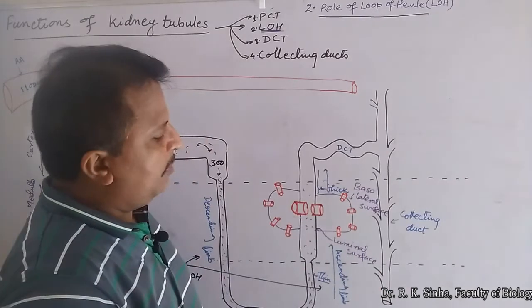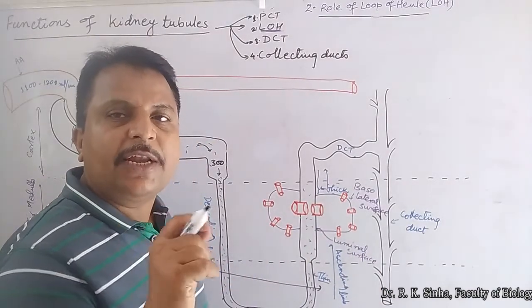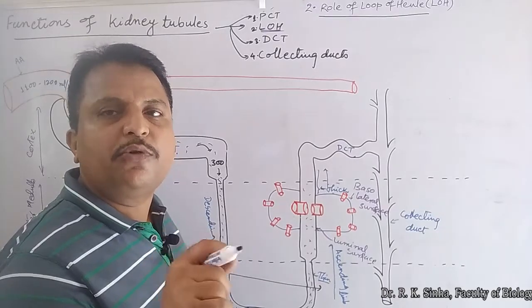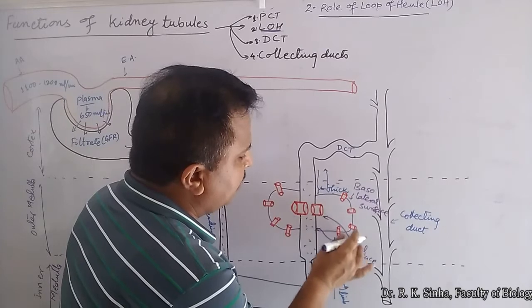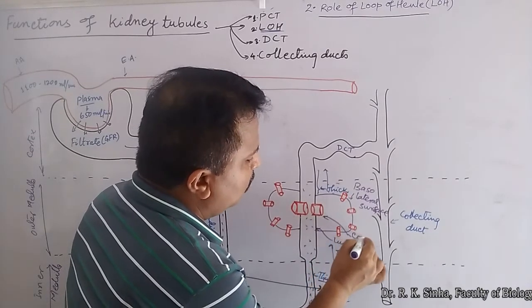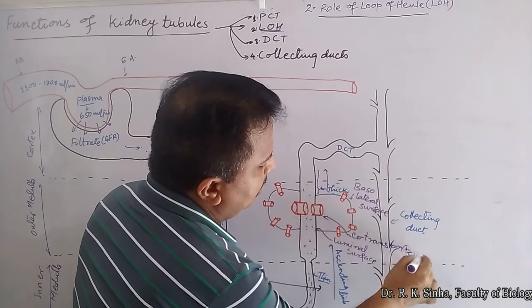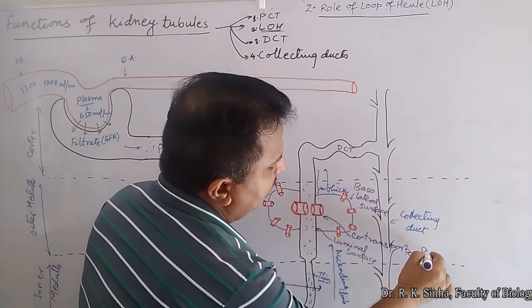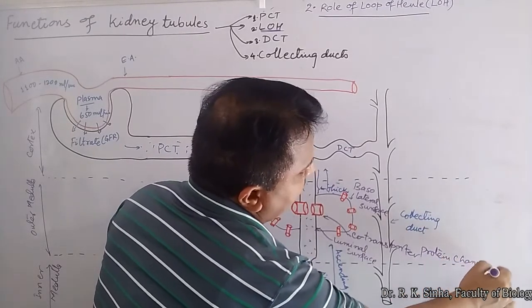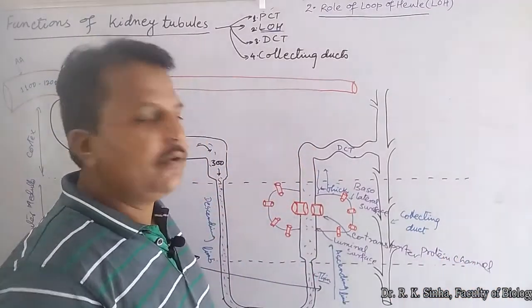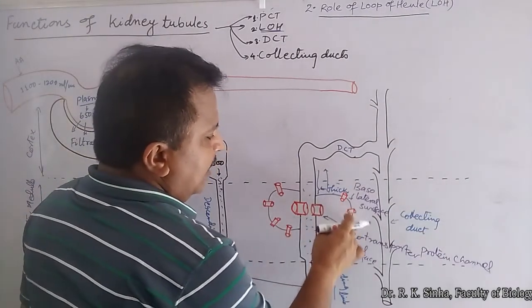Okay, so the luminal surface has this type of proteinous channel, and this is a co-transporter protein channel. What is the meaning of co-transport protein channel, and what is the meaning of anti-transport channel?